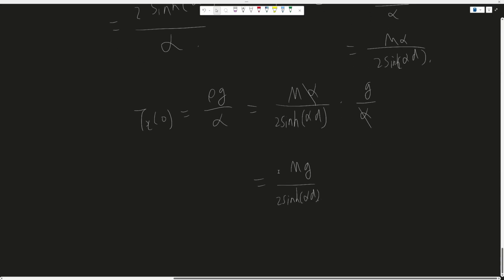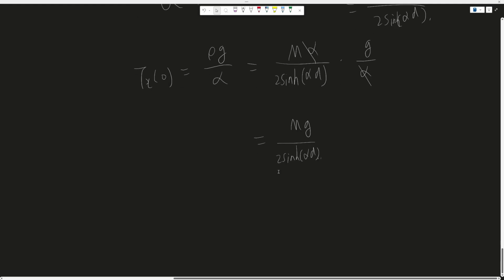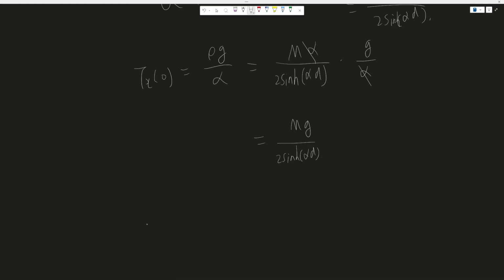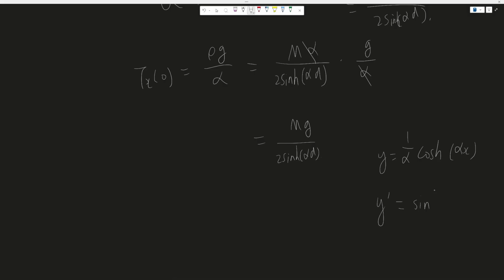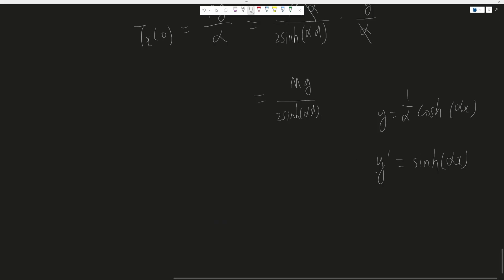And now let's think about it. What can we do with hyperbolic sine alpha d? So we know, just again recall, that y is 1 over alpha hyperbolic cosine alpha x. So y prime is hyperbolic sine of alpha x. So what does hyperbolic sine of alpha d mean? Well, it means the slope at x equals d.